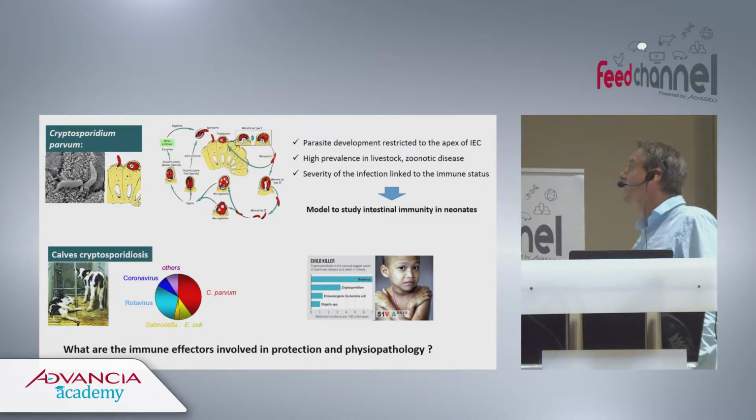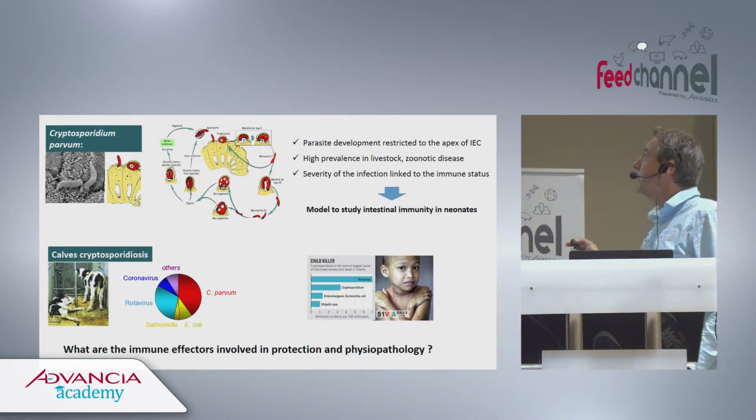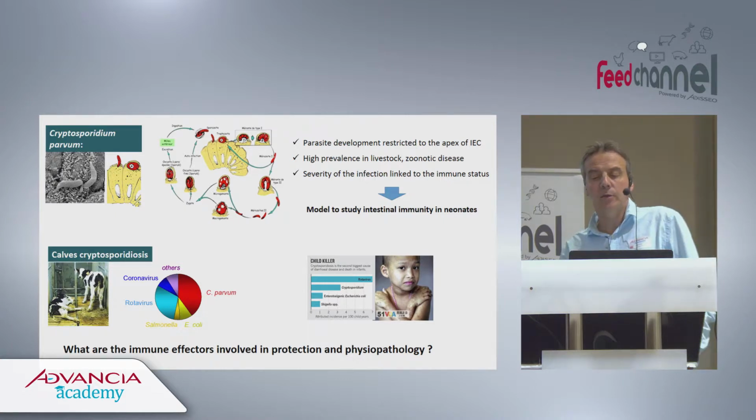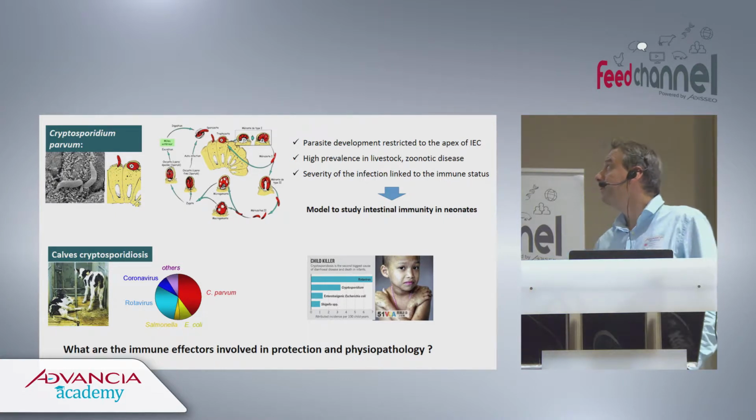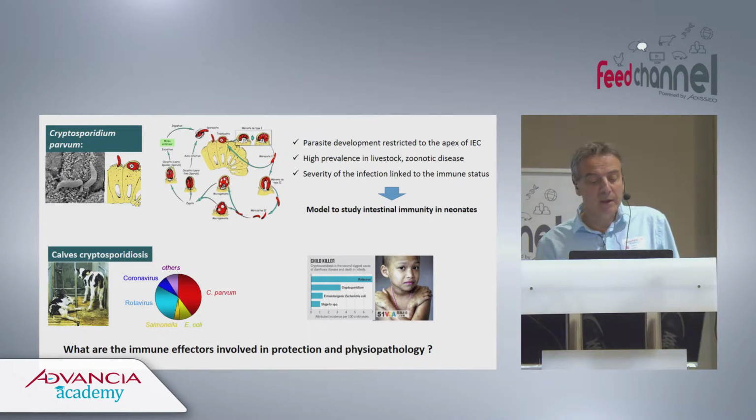It's also a zoonotic disease. It affects young cows and young children, and also immunodeficient individuals, because the severity of the infection is really linked to the immune status of the animals. So it's a beautiful model to study intestinal immunity, especially in neonates.